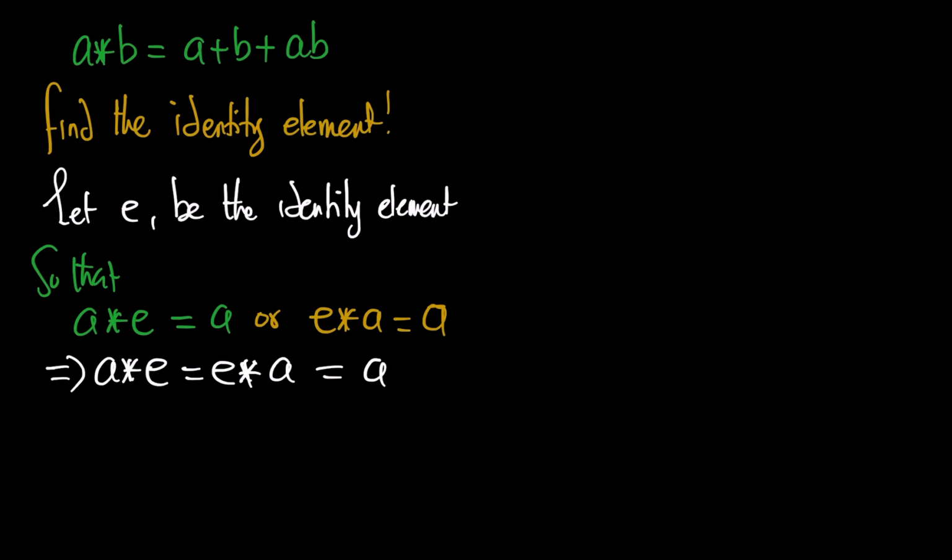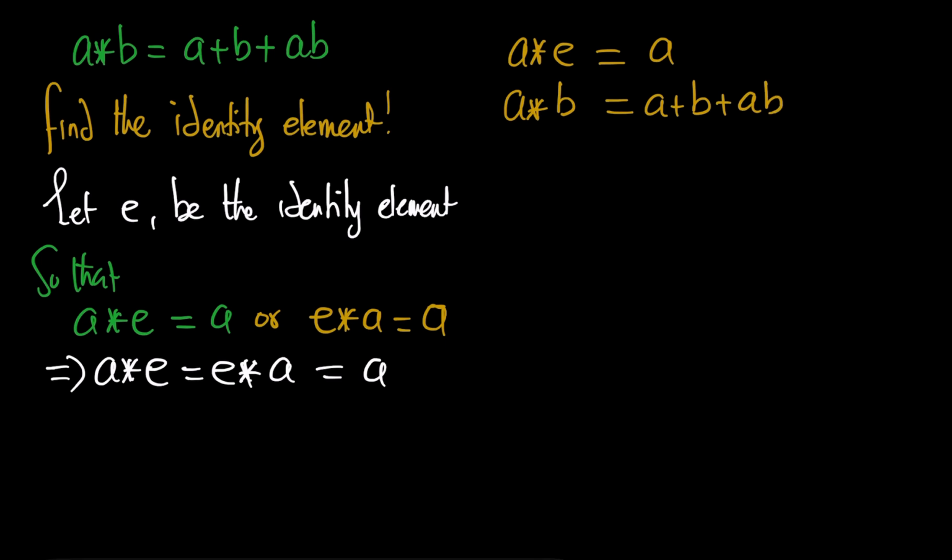Now, I'm going to write it over here. We are saying that A star E is equal to A, right? Now we already know that our A star B is A plus B plus AB. This is our binary operation. Therefore, what we are looking for is A star E. A is still going to be the same, but our B is the identity element.